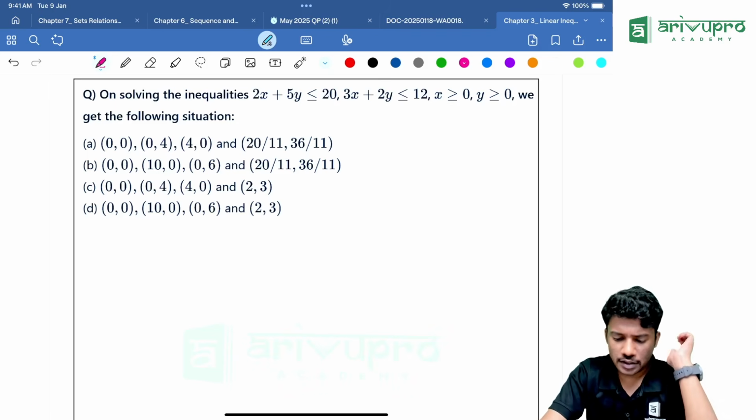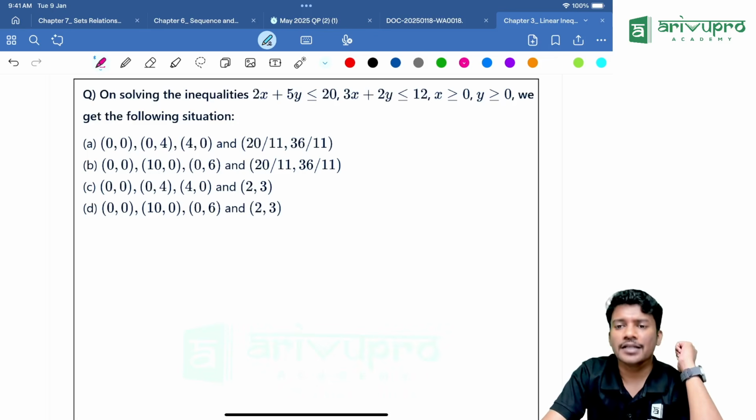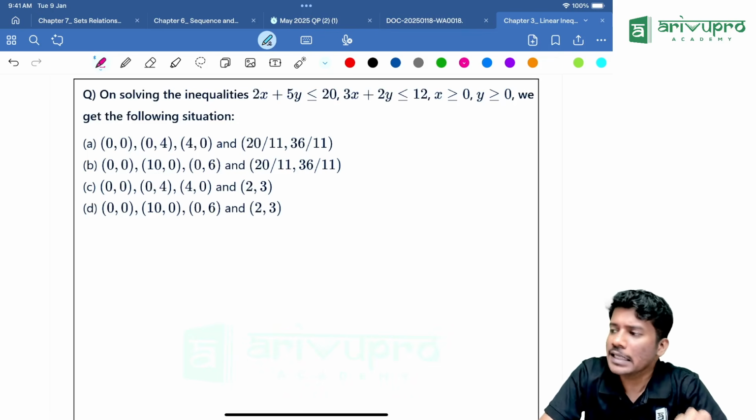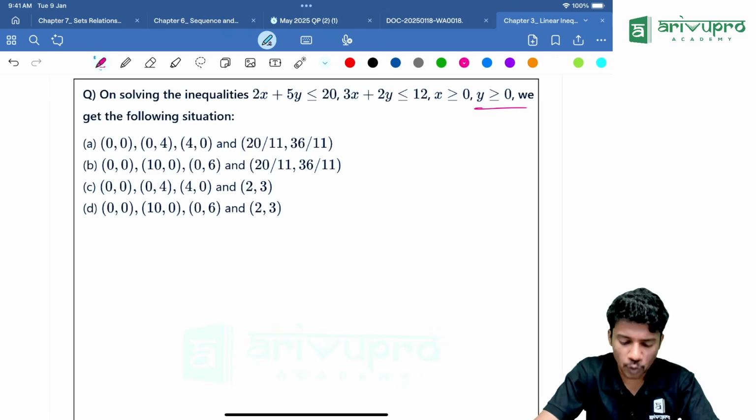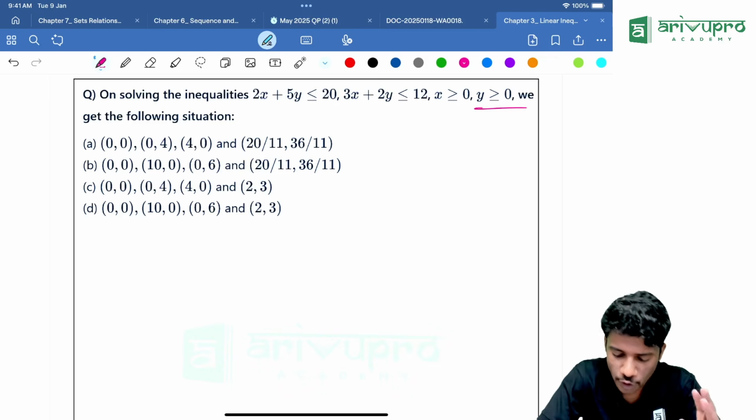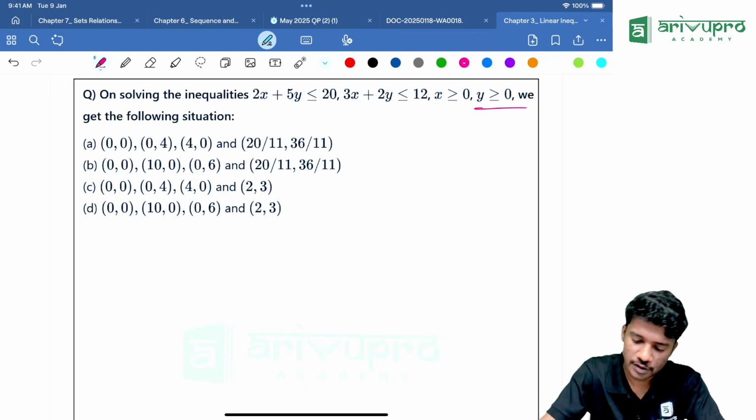On solving the inequalities 2x plus 5y less than or equal to 20, 3x plus 2y less than or equal to 12, x greater than or equal to 0, y greater than or equal to 0, which of the following situations are correct? What is the answer? You should tell me.